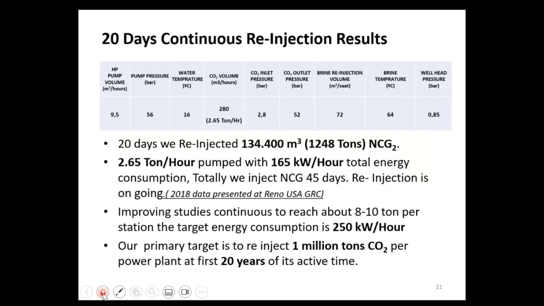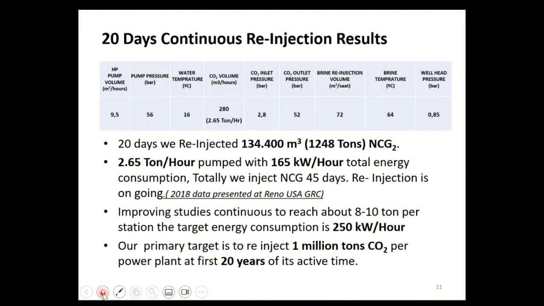And I just want to give the numbers: what we did, what we read on the surface, and what the results were. The pump was pumping around 9.5 cubic meters per hour, which is approximately 9.5 tons. It's normal fresh well water. The pressure was 56 bar. The water temperature was 16 degrees.